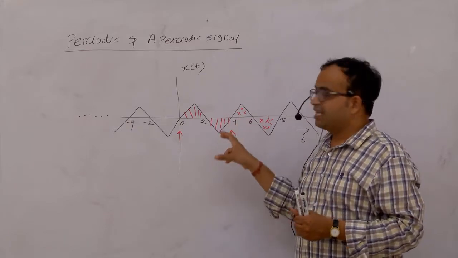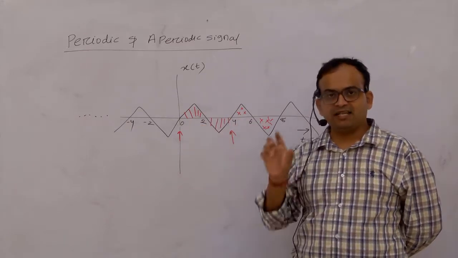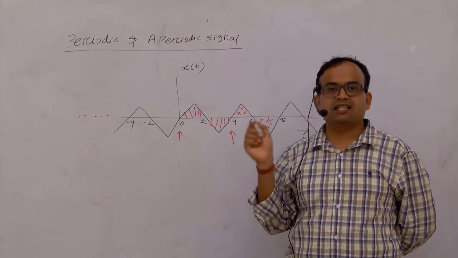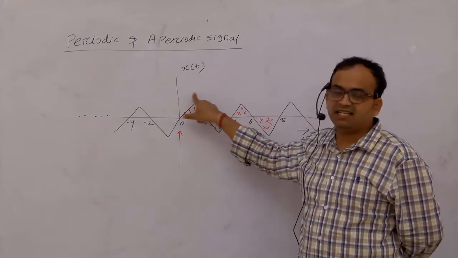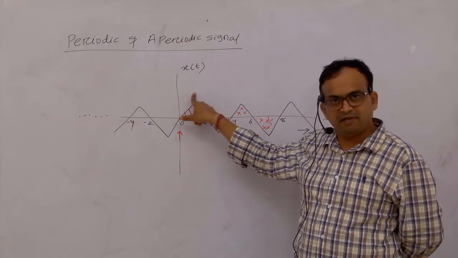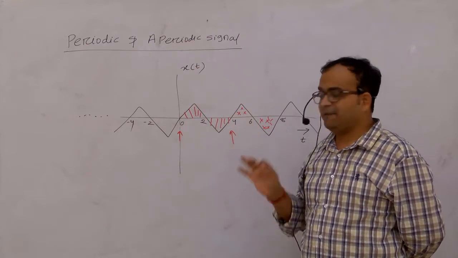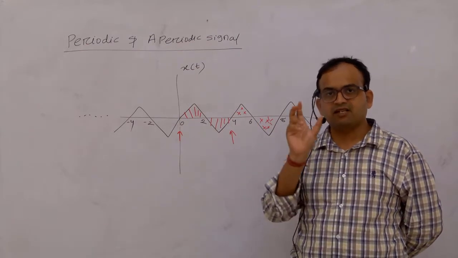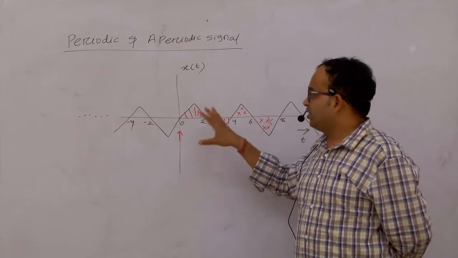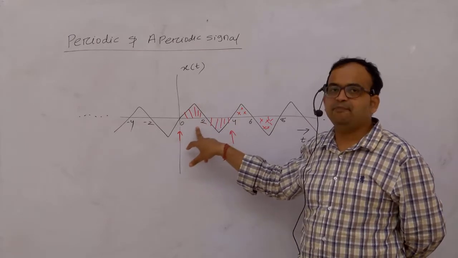If a signal repeats after a certain interval of time, then we can tell that the signal is a periodic signal. Again I am repeating, what is periodic? If a signal repeats after some interval of time, then the signal is a periodic signal.